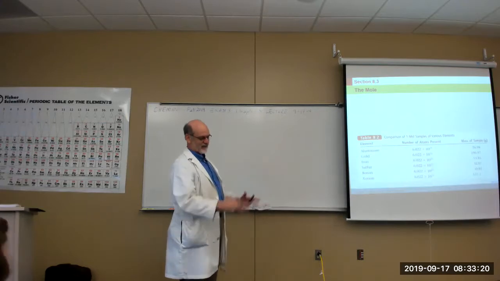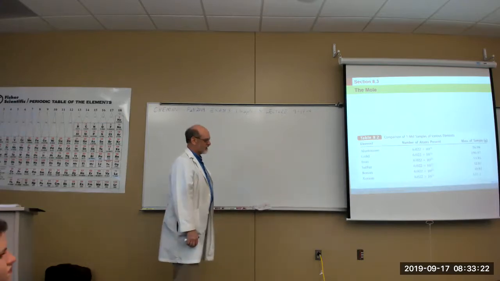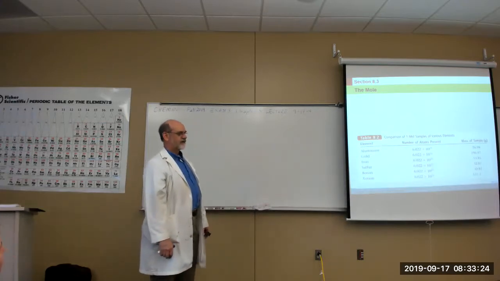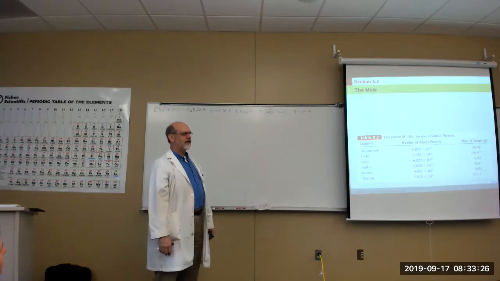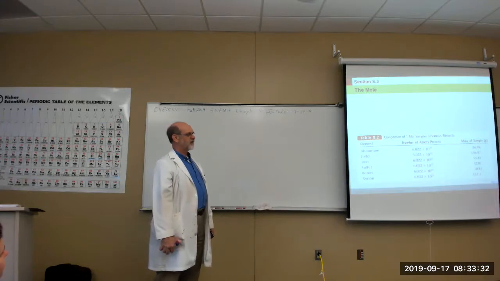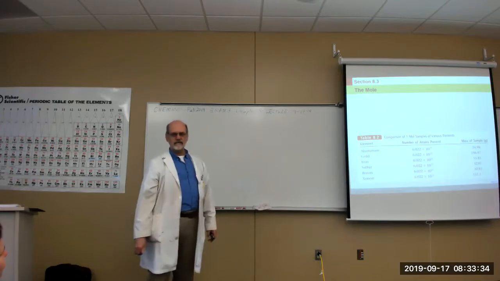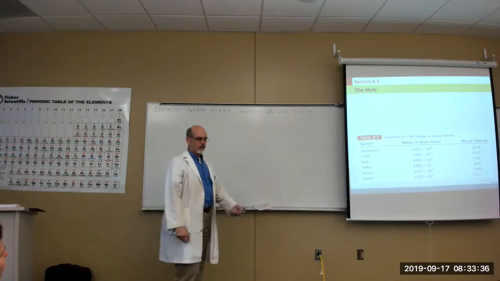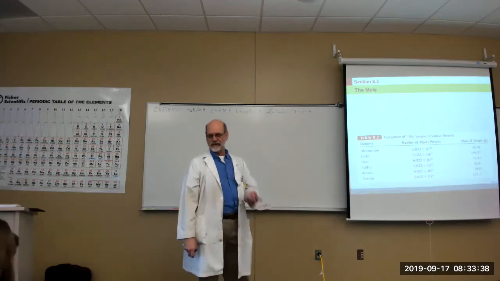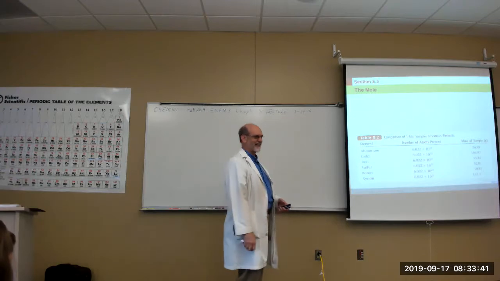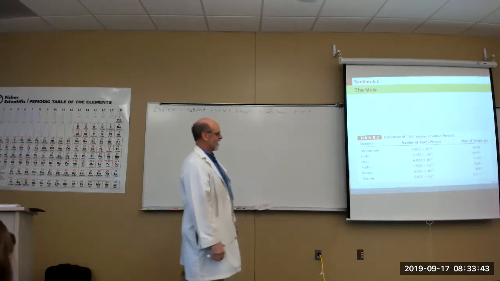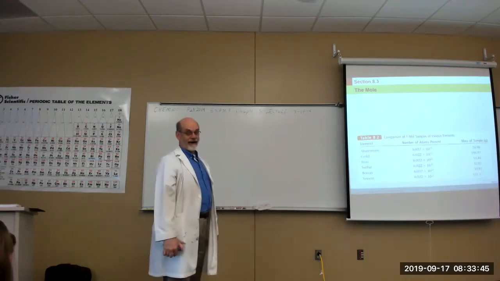A pan that's that big, what would that be at today's prices? Probably $100,000 or more for a gold pan to cook your eggs in. It wouldn't wear out, never wear out.